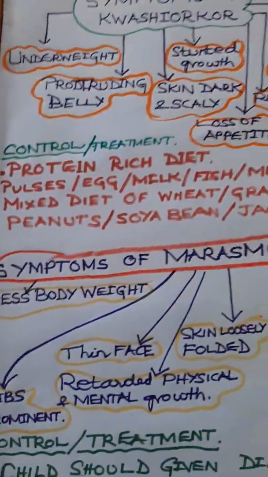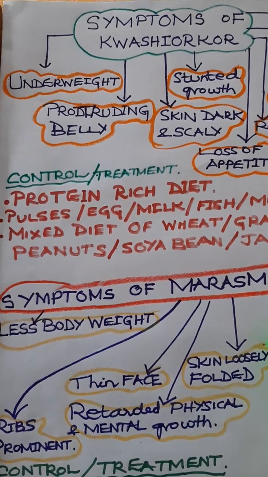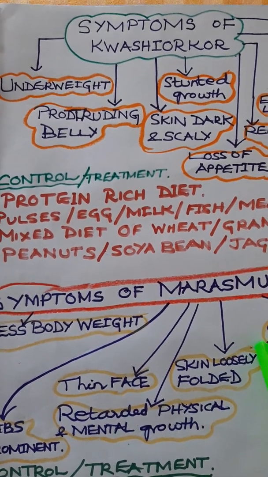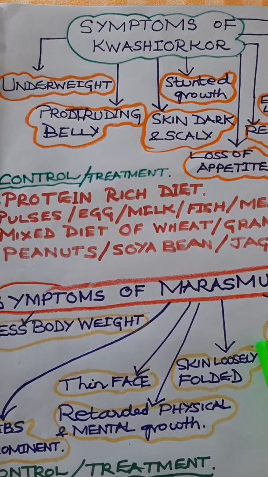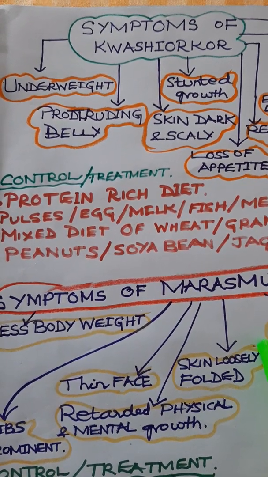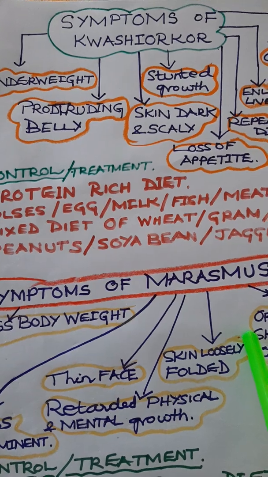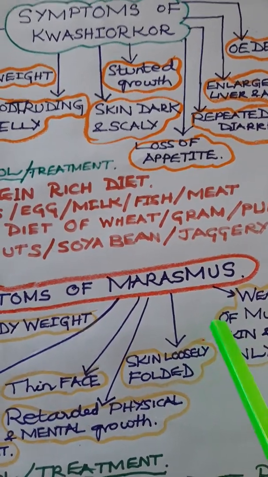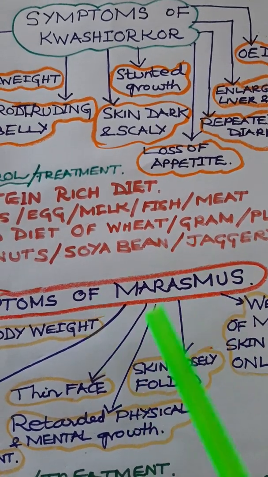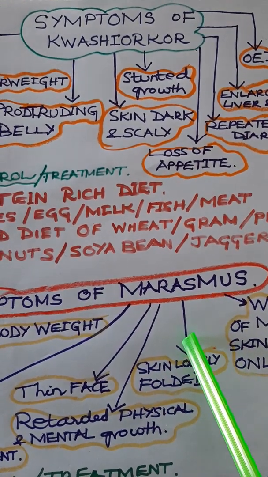Now, what are the symptoms of kwashiorkor? Underweight child, protruding belly meaning belly coming out, stunted growth. There's no growth at all, very small, undergrowth.